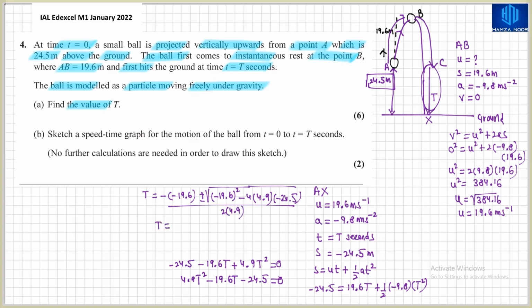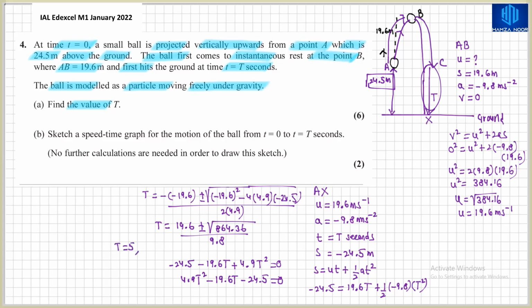So t would be equal to 19.6 plus minus under root of 864.36, divided by 9.8. So 19.6 plus under root of 864.36 divided by 9.8. Here we have t is equal to 5.